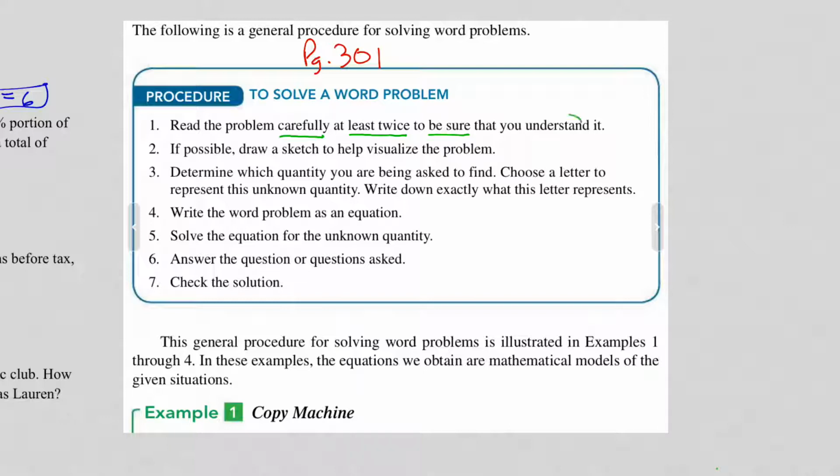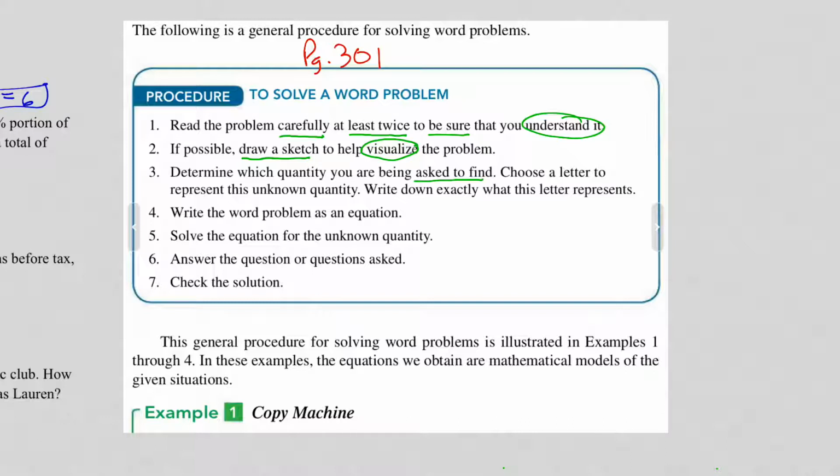So you're looking for understanding the general scenario. Now, if possible, draw a sketch because you want to visualize. So understand, visualize, and then once you understand and visualize, you want to know, well, what is it that I'm actually finding?